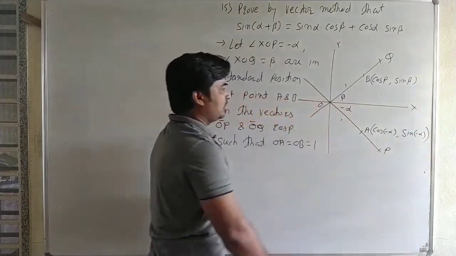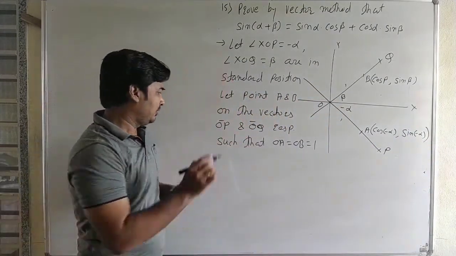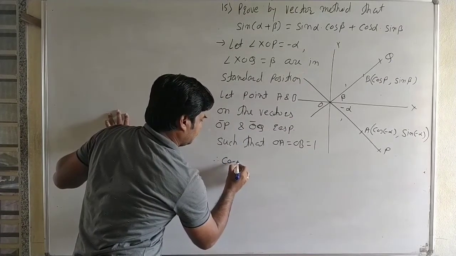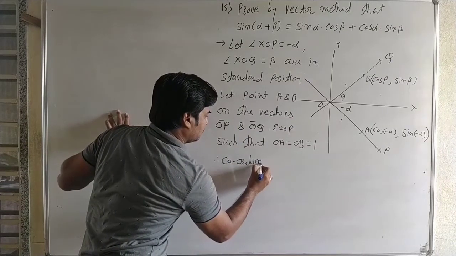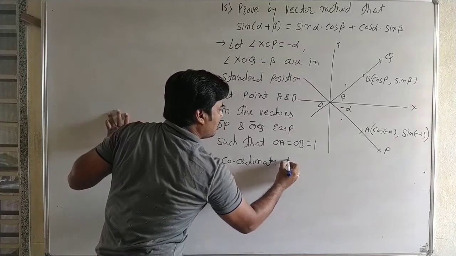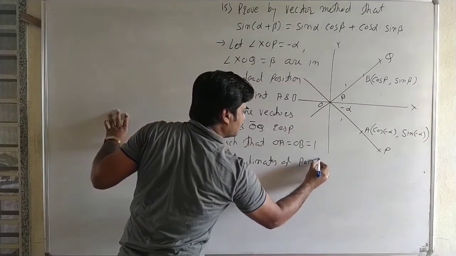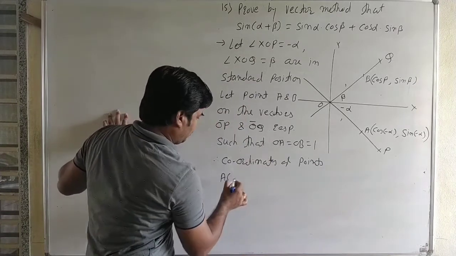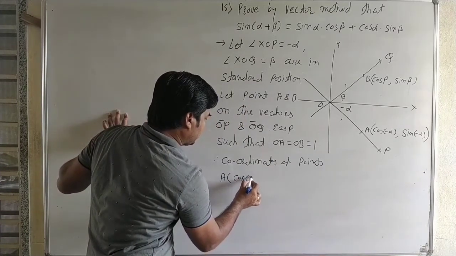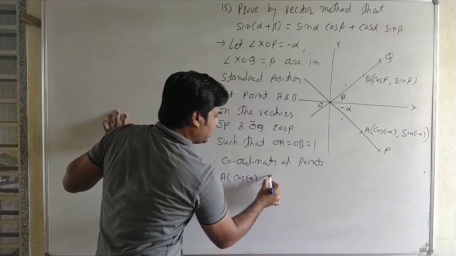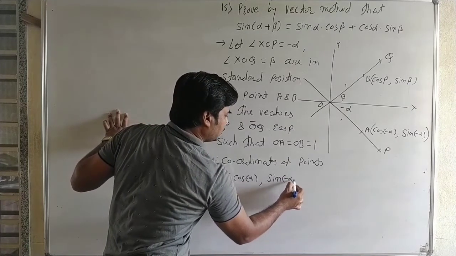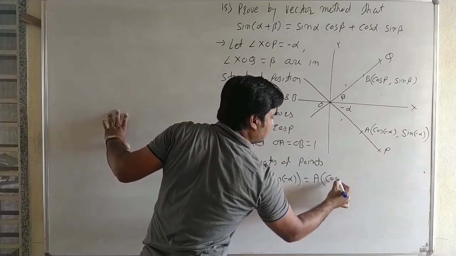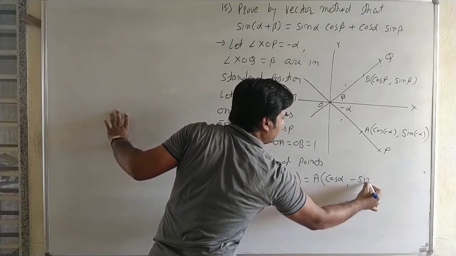Okay, therefore the coordinates of point A: cos of minus alpha and sin of minus alpha, that is cos alpha comma minus sin alpha.